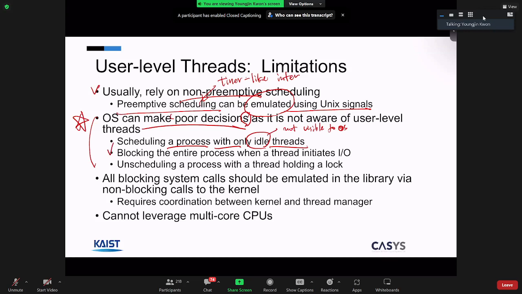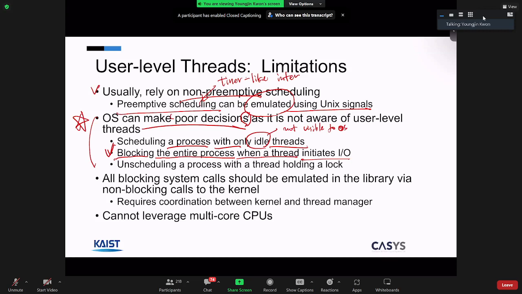More significantly, blocking, understand that. Blocking the entire process when a thread initiates I/O. Can you understand the reason why the entire process is blocked when a thread initiates I/O?